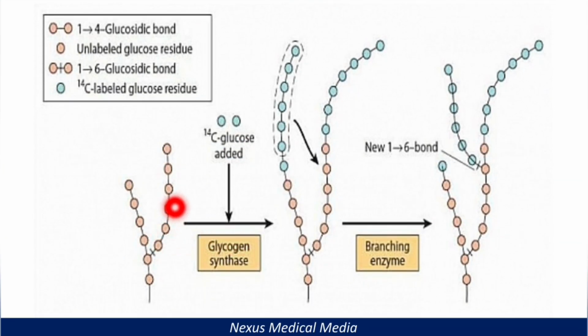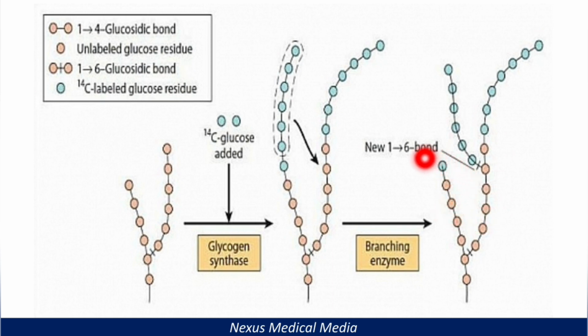Right? Let's say this is your glycogen chain with 1,4 glycosidic bonds, right? So it's this one, right? With glycogen synthase, you have added this, but now you want to make branches, right? So to make branches, you'll be cutting this and you'll be putting it here, right? So this is happening.